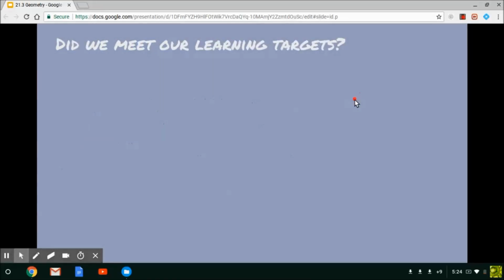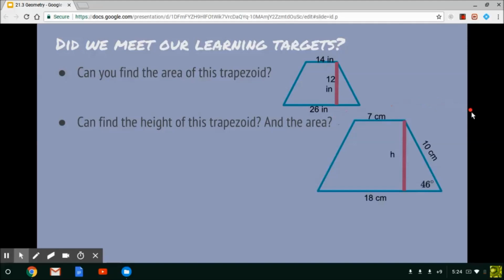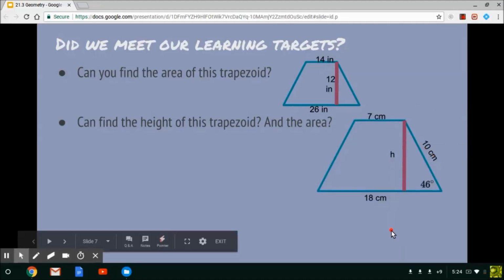All right, so did we meet our learning targets? If we did, you should be able to find the area of this trapezoid right here with the height of 12 inches and base 1 of 14, base 2 of 26 inches. And also the height and area of this trapezoid right here with 7 and 18 for your bases, 10 side, 46 degrees for the angle.